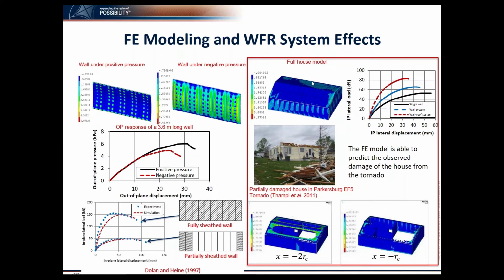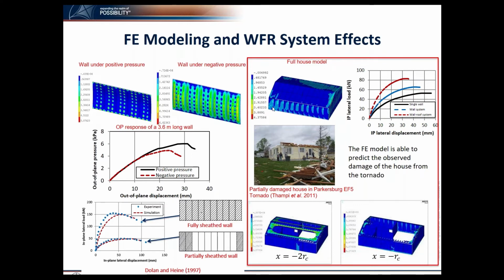We also developed a full house model to get how much additional strength we get from a wall model. Since we know that when the wall and roof systems are present, walls have much higher resistance than the single wall.